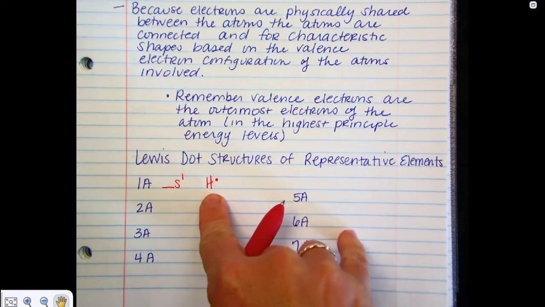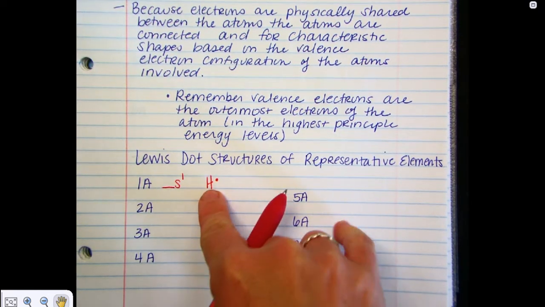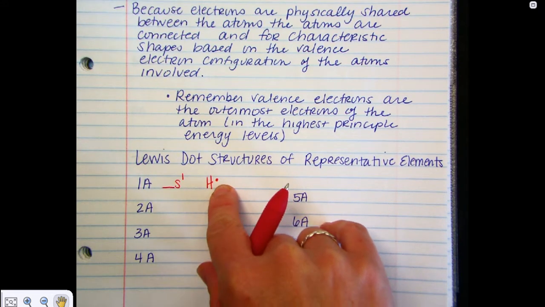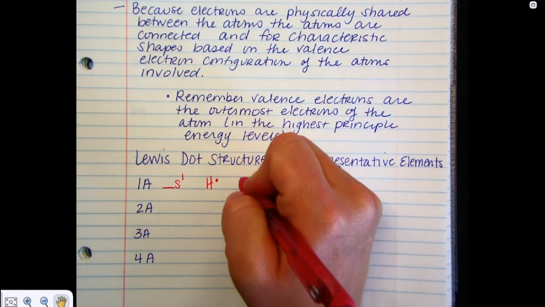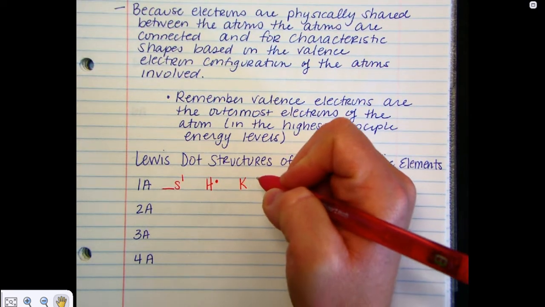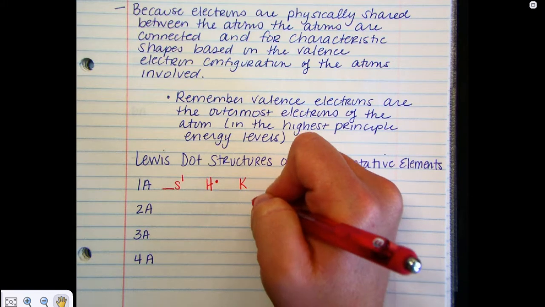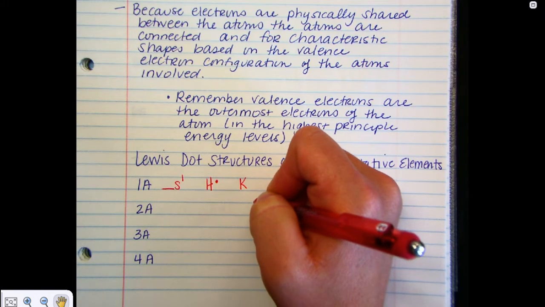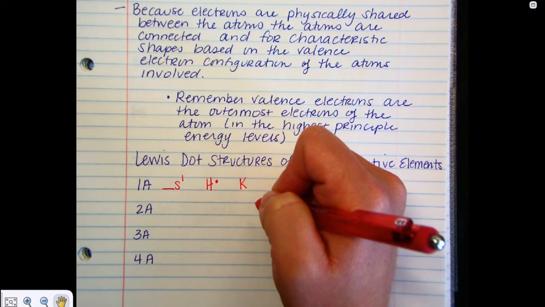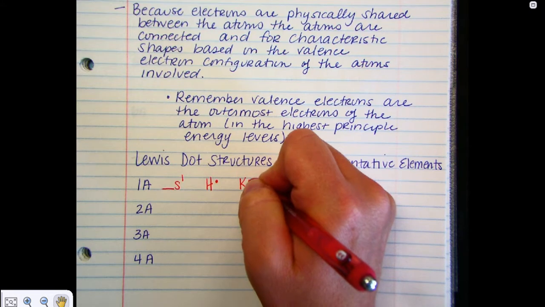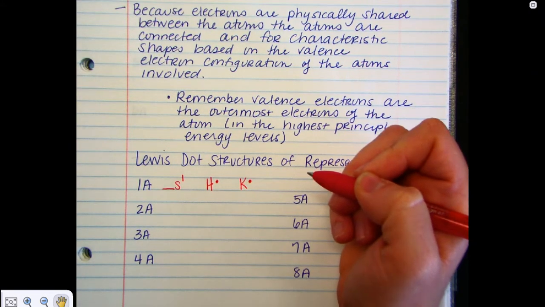So hydrogen, because it only has one electron, the H represents the nucleus, the single dot represents that one electron. If we contrast that with something like potassium, potassium was in the 1A. So not only does the K represent the nucleus, it also represents all of those inner electrons, 1s through 3p, as the inner electrons, and then the one valence electron is the dot.